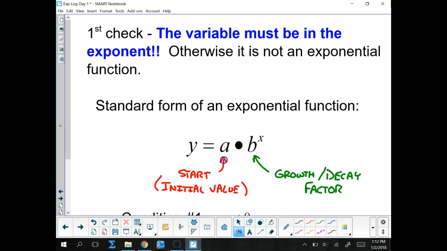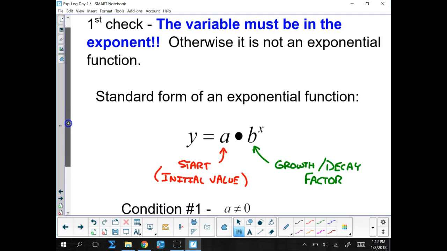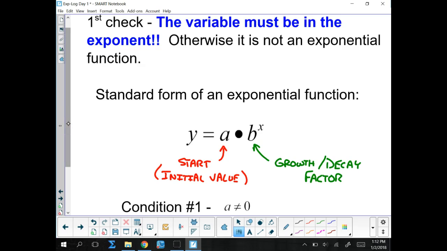Okay? Now, with the one rule that the variable has to be in the exponent, that's our one rule. Comes 2 conditions. Condition number 1 is that a cannot be 0. Okay? That's our first condition. a has to be something other than 0.